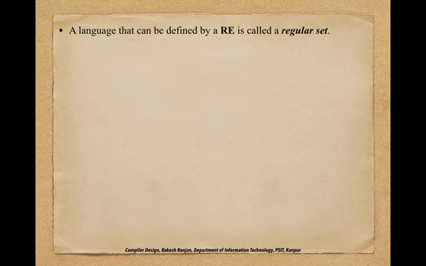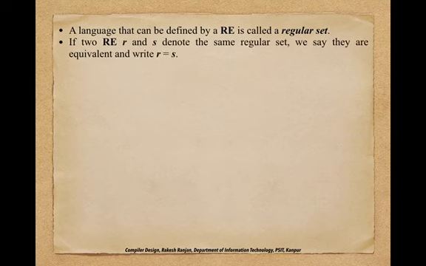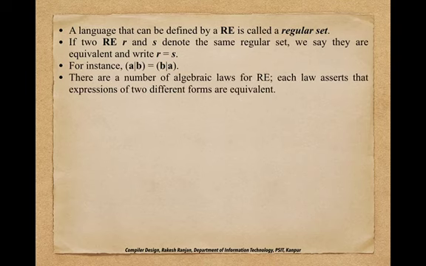A language that can be defined by a regular expression is called a regular set. Regular expressions R and S denote the same regular set if they are equivalent, R equal to S. For instance, a|b is equal to b|a, because a or b and b or a represent the same set.